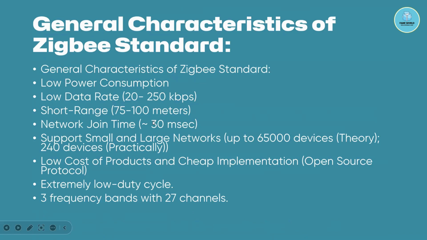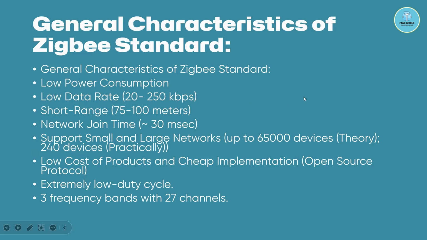Network join time is approximately 30 milliseconds. It supports small and large networks up to 65,000 devices theoretically, but practically only 240 devices. Low cost of products and cheap implementation, open source, and extremely low duty cycle, 3 frequency bandwidths with channels. Okay.